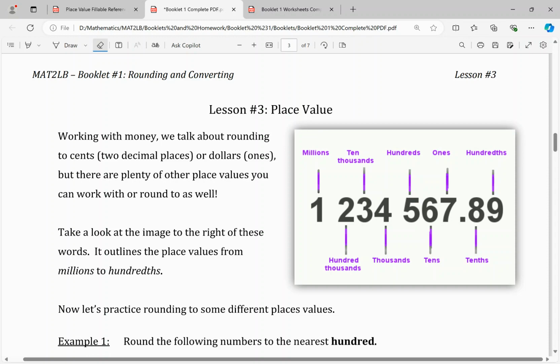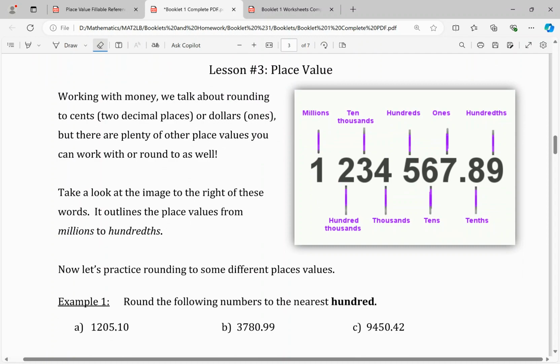Lesson 3, place value. Working with money, we talk about rounding to cents, which gives us 2 decimal places, or dollars, where we round to the ones. But there are plenty of other place values, as we just talked about, that you can work with or round to as well.